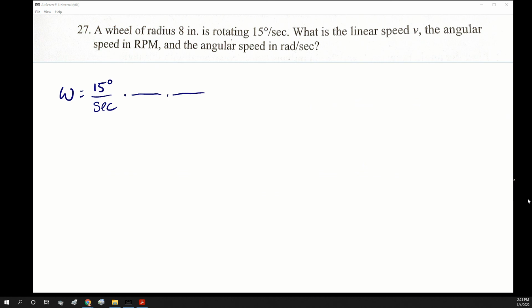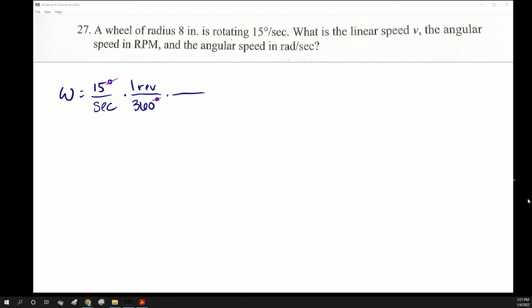So we would change degrees to revolutions. Because degrees is in the numerator, I need to put degrees in the denominator. How many degrees are in one revolution? 360. I hope you guys said that, or at least thought it. All right, so that is sweet because that is going to cancel degrees.